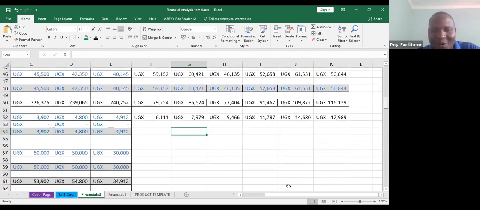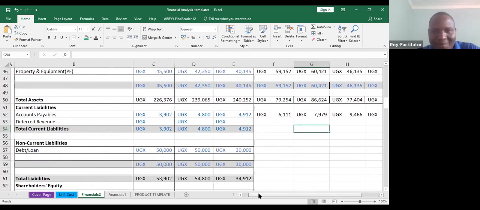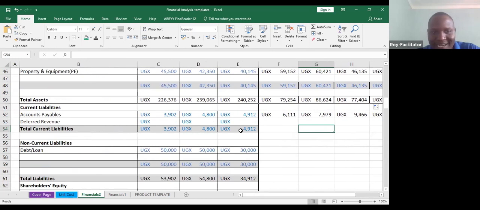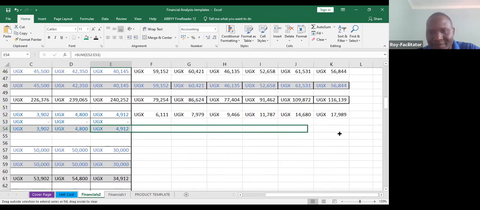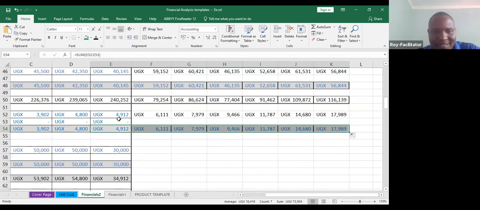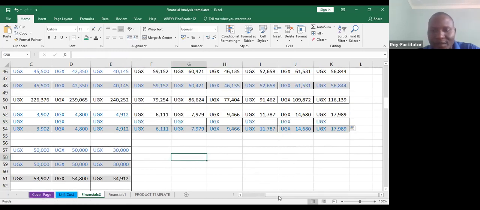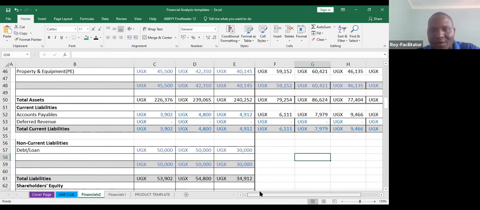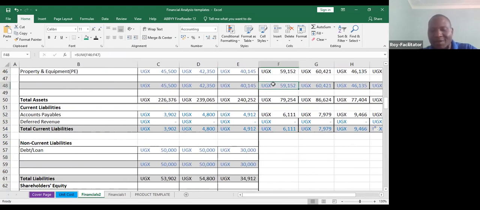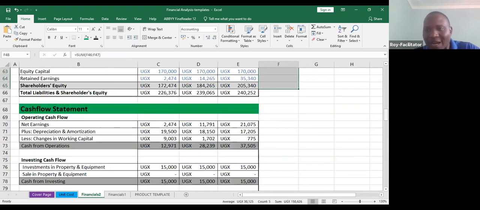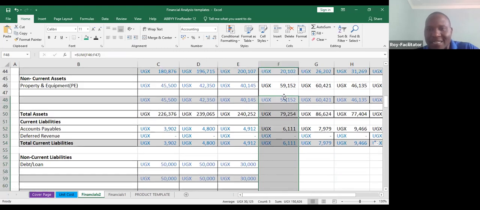Okay, now I can go. I'm still on the balance sheet. I'll calculate total current liabilities and extend. Okay, I'll also extend this. The assumption is it's not there. Okay, since all this is generated by formula, I'll change it to color black. It's just a standard.